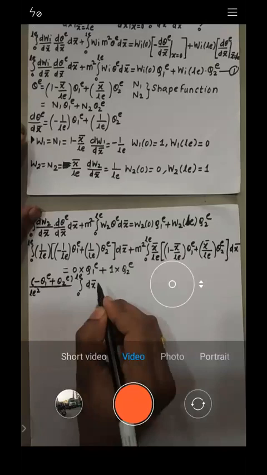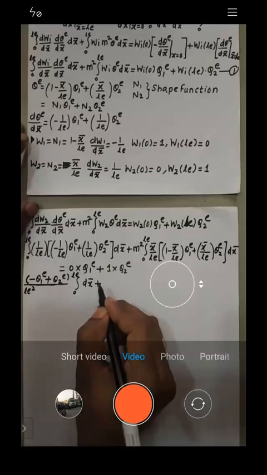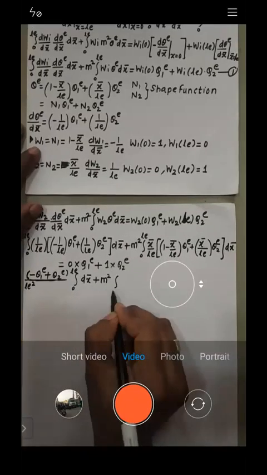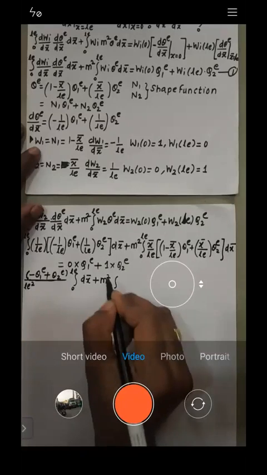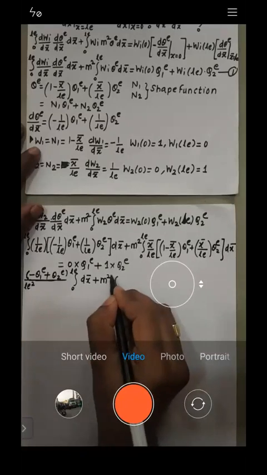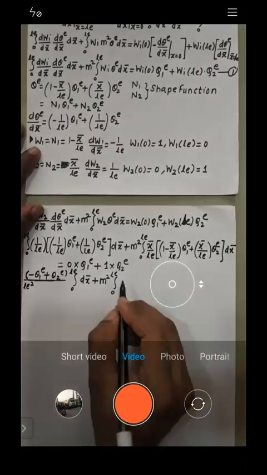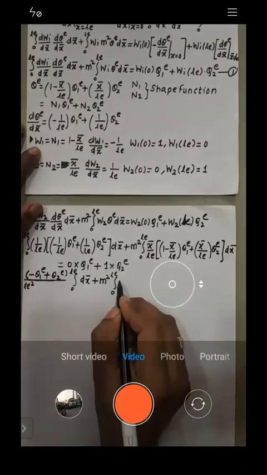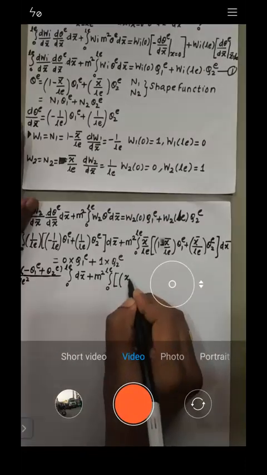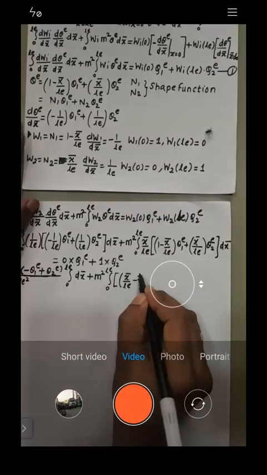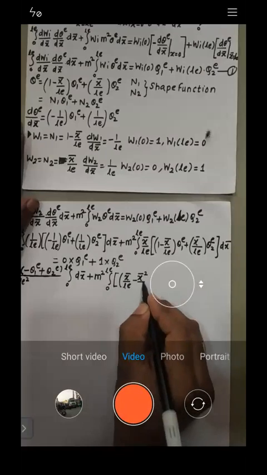Plus m square, 0 to LE. Now this you need to multiply inside m square 0 to LE. Okay, so this into this, tell me what you'll get. x bar by LE minus x bar by LE minus x bar square by LE square. Is it okay?